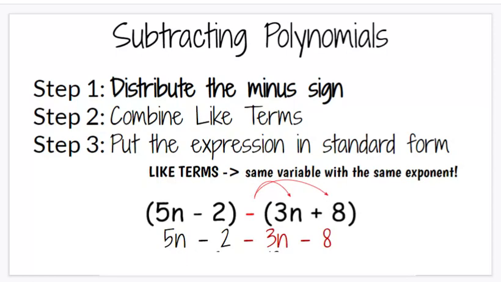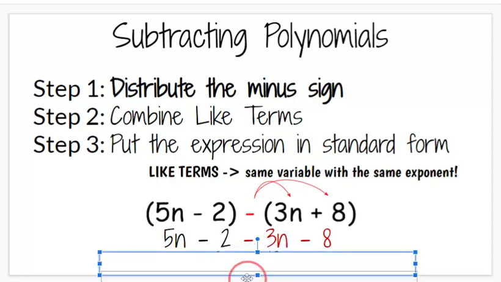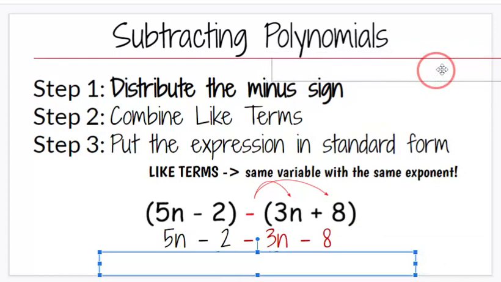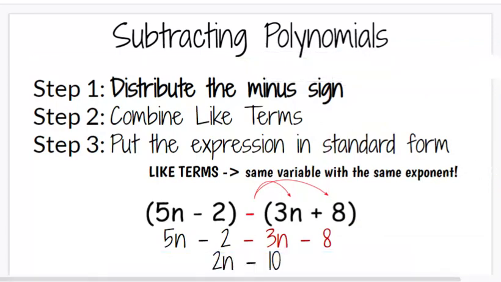I can go through my like terms just like we did with adding. 5n and minus 3n give me 2n, and negative 2, let's move this guy over here, negative 2 and negative 8 give me minus 10, and that is my first case in subtracting polynomials.